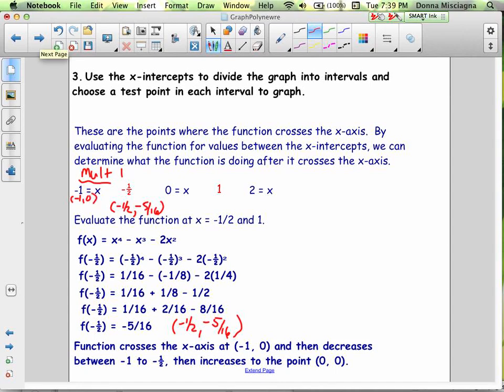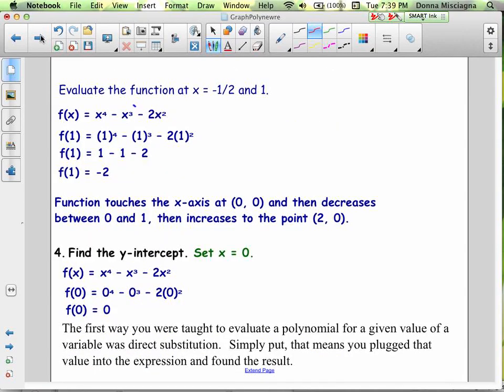And then we'll plug in 1, which is a lot easier to plug in than -1/2 is. So let's continue getting our points. That one is pretty easy. You have 1 to the 4th minus 1 cubed minus 2 times 1 squared. Well, that's 1 minus 1 minus 2, which is -2. So the function is going to touch the x-axis at 0, 0, because this one was multiplicity 2, since that was an x squared.